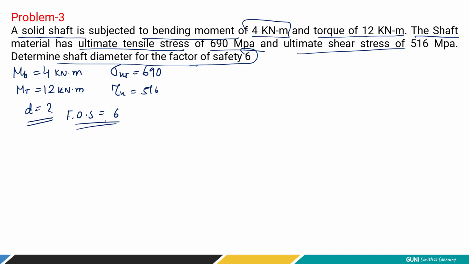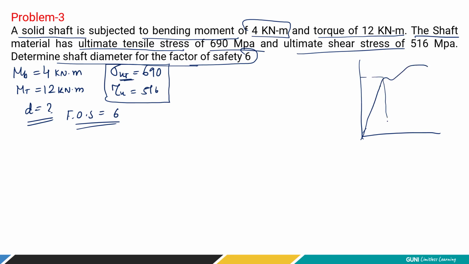Now why is it given? Please pay very close attention to the stress values. Here the stress values are given of the ultimate type. Now just recall the fundamentals of design, right? As mechanical engineers, we are going to design the parts for the limiting value of yield stress, right? We are not going to cross this point.